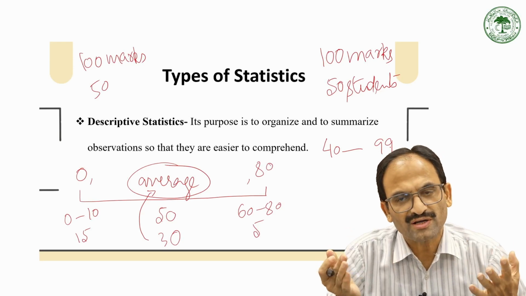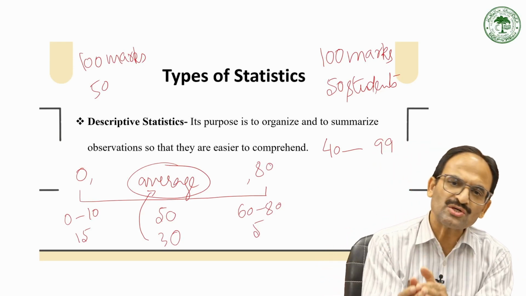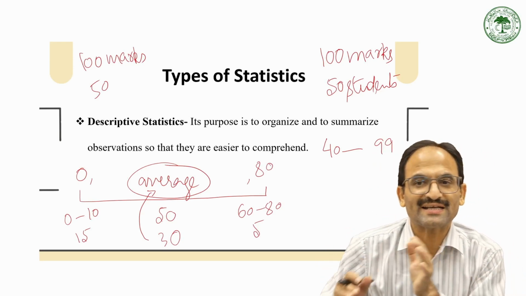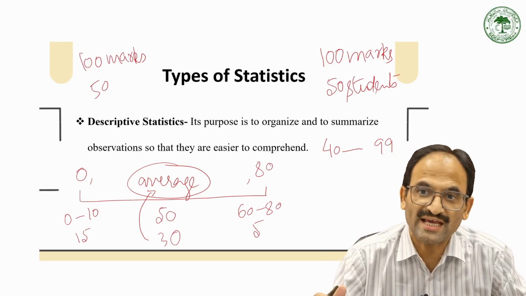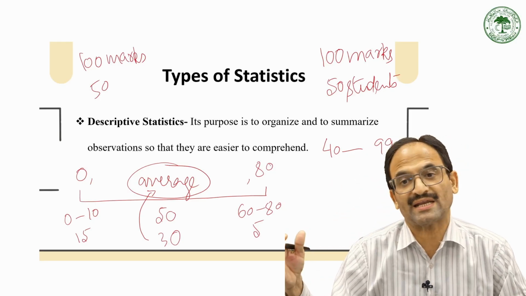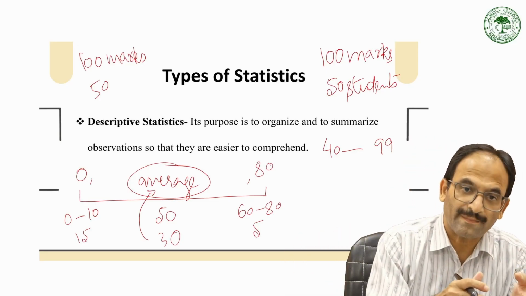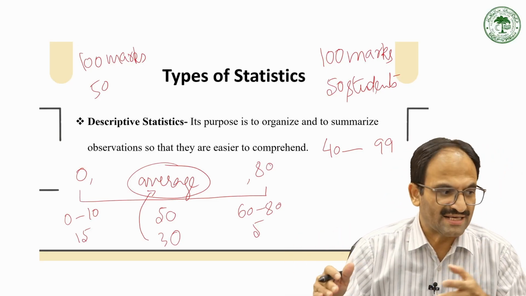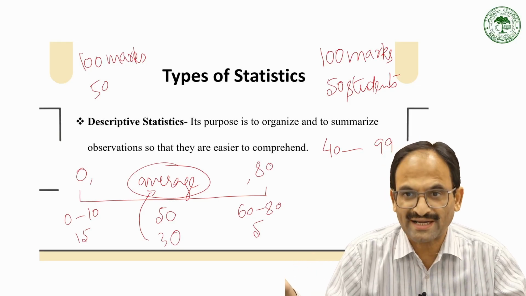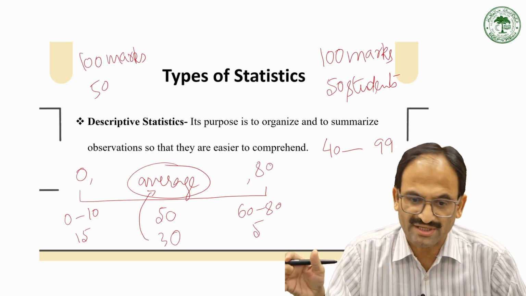It means that in comparison to the first test, the second test is easy because even the lowest score is 40 and students have reached up to 99. In the previous test the highest score was 80, but in this test the highest score has been 99. It shows that the test is easy.